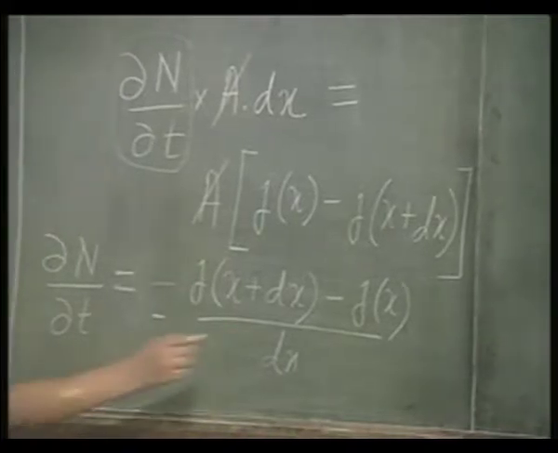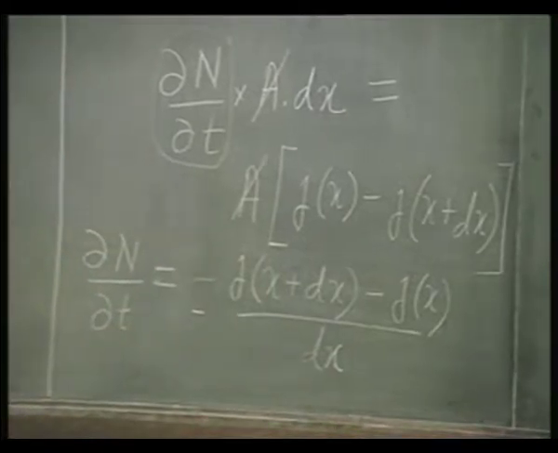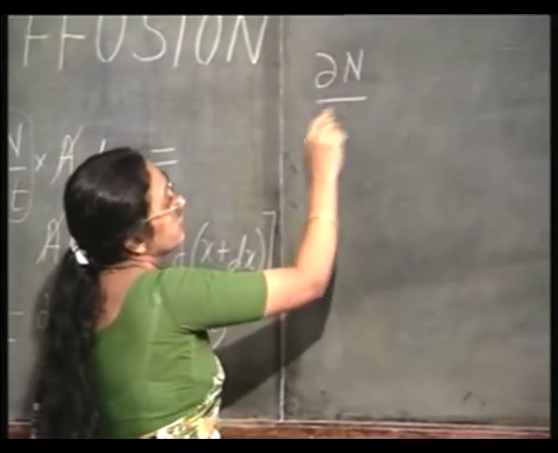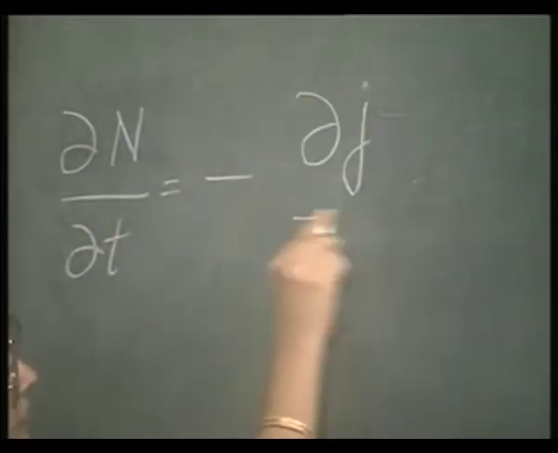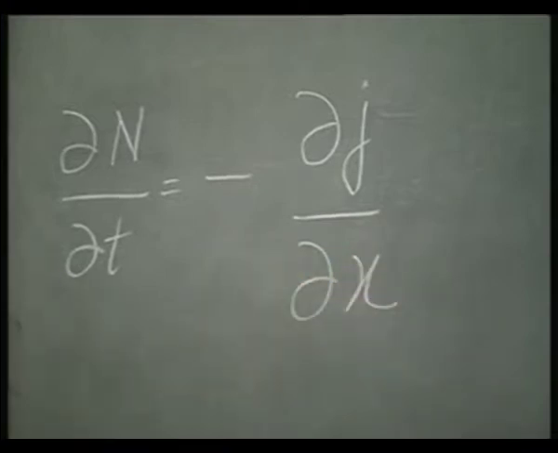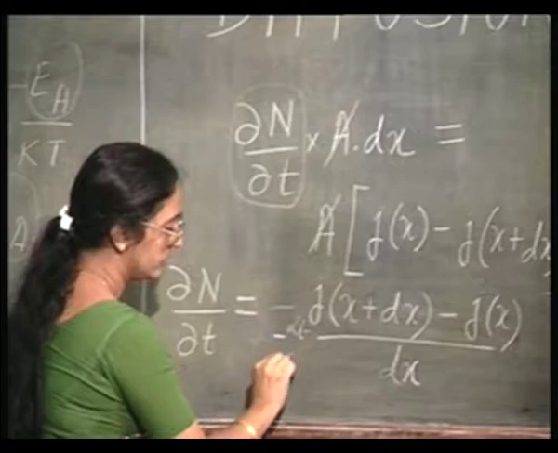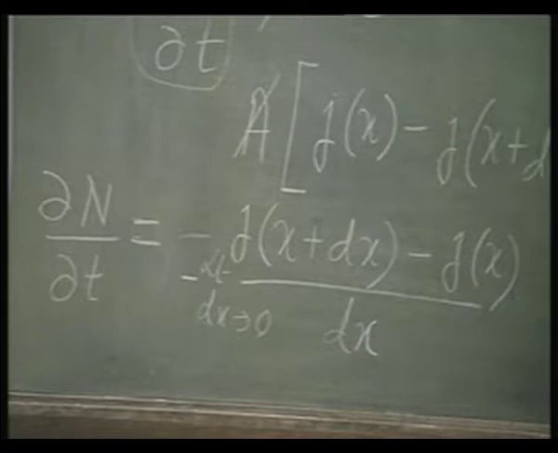And when in the limit dx tends to 0, the right hand side can be simply written as, isn't it? dx is after all an incremental distance between the two planes P1 and P2.